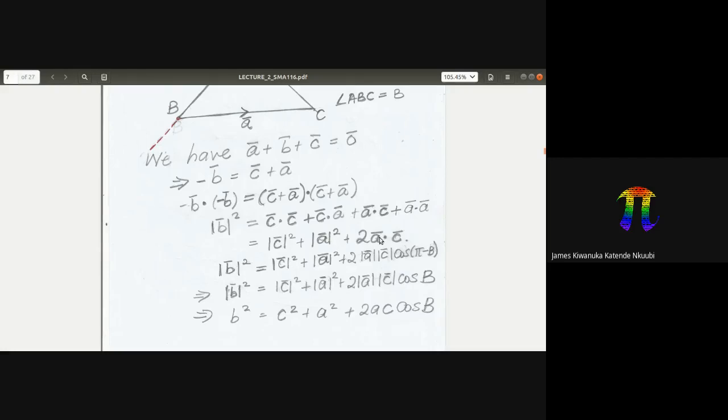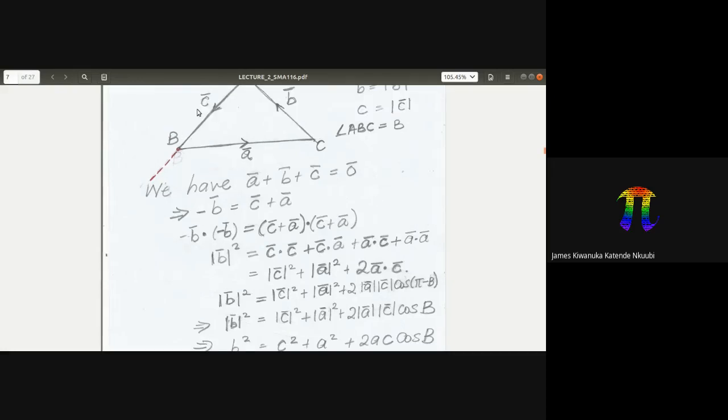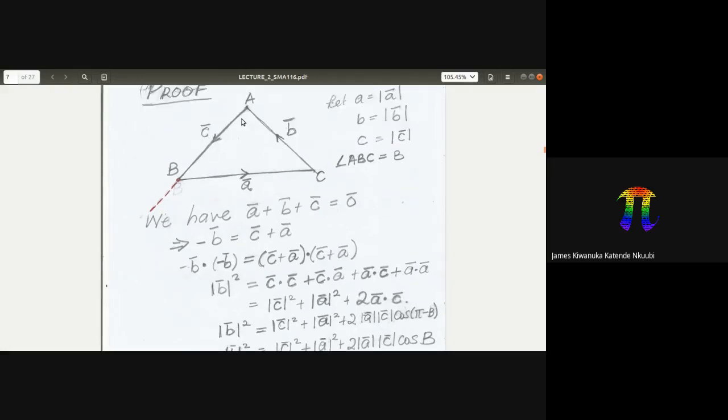Now, the dot product of A and C, in this case, remember A is this and C is this. Because of the direction that this C is facing, the angle between A and C is obtained by bringing the tail end of C and putting it at the... you could bring it and put it here.